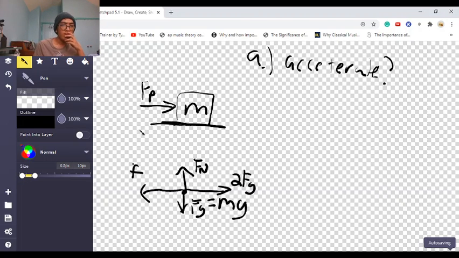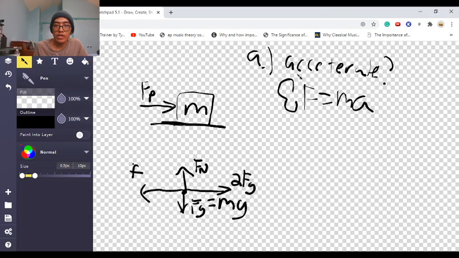So, to determine whether there is an acceleration, what we have to consider is Newton's second law, which is the sum of all forces in one direction equals the mass times acceleration. To say that something accelerates, you are saying that there is a net force in that direction.